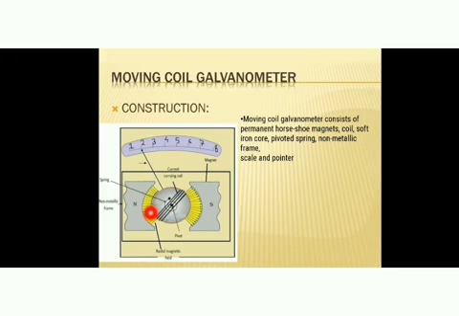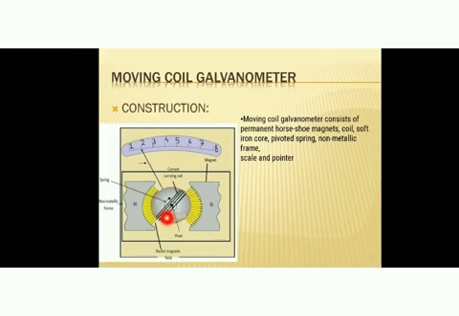This radial magnetic field ensures that maximum torque is experienced by that coil. So that is the importance of the radial magnetic field. It is provided by this concave shaped horseshoe magnet, and it ensures that maximum torque is experienced by this coil.